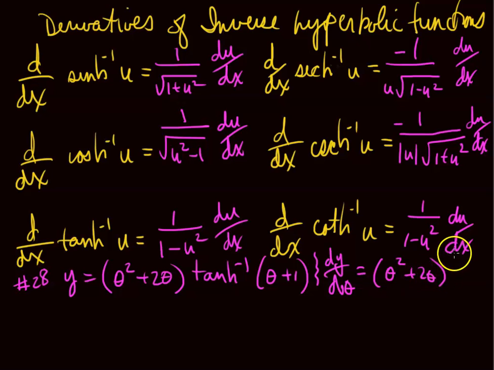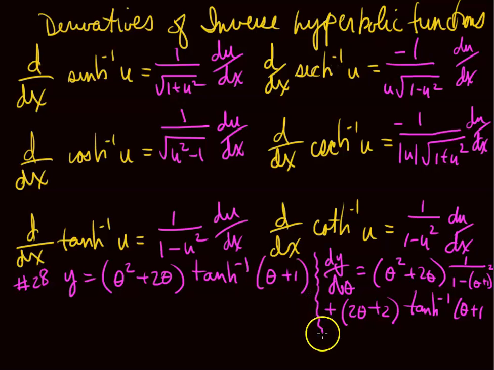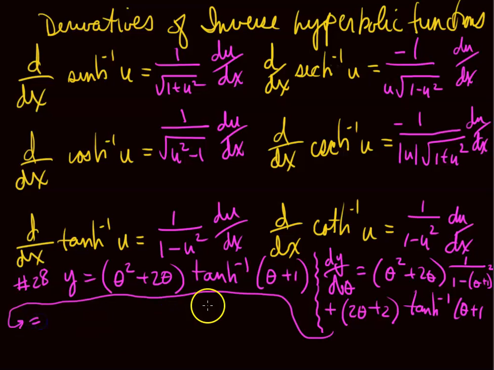So this is, can I squeeze it in here? 1 over 1 minus u is theta plus 1 squared. Plus the derivative of the first, 2 theta plus 2 times the second, inverse tanh of theta plus 1. So, see if I can squeeze this in.